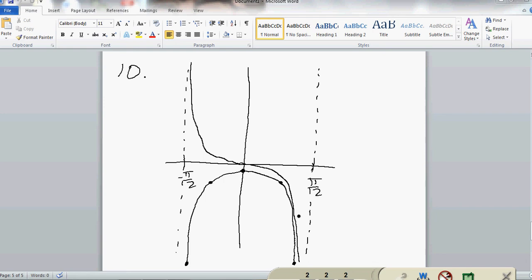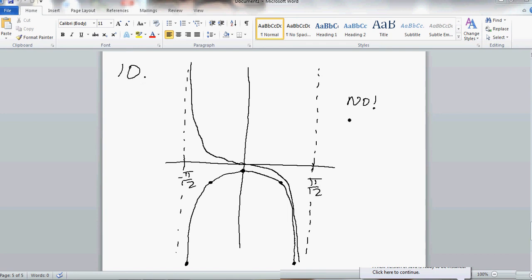And so we have done what they've asked, except it says, is the slope of the graph of y equals negative tangent ever positive? Well, it was never positive here. It was always negative. So the question is, is it ever positive? Well, we have to remember that tangent is cyclic. So that means over here it's going to look exactly the same, and over here it's going to look exactly the same. And it's just going to keep on doing that over and over again. And in each little part, the derivative will always be negative. So it says, will it ever be positive? That answer is no, it will never be positive.